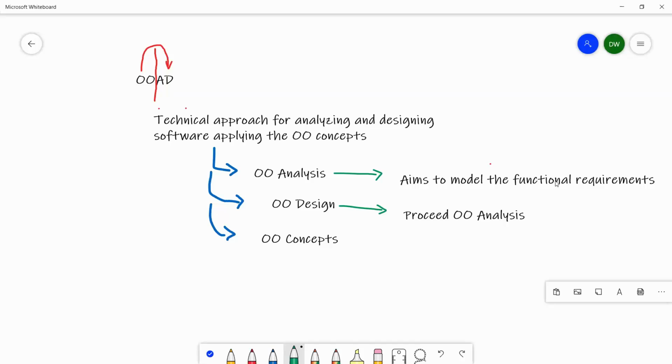So we think of what the functional requirements to be implemented in the system are, we find the objects that will be in the system, we find the behaviors of those objects, and then we find how those objects will interact with each other, right?